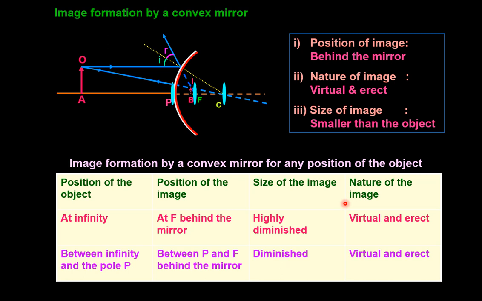I'm giving you 1 minute, just think about the concept. Which mirror shall we use to obtain a virtual, erect and magnified image of an object? Just try to recall it from the image formation tables of the concave mirror and convex mirror. Try to identify which particular situation it will be.